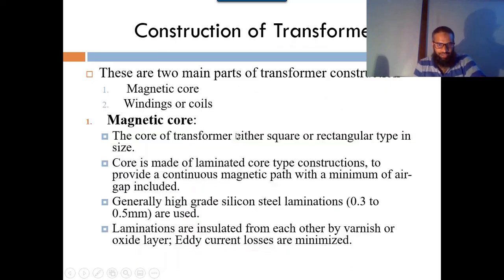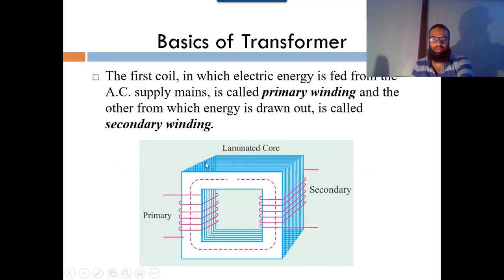If we divide this transformer into two sections, the primary side circuit is totally different from the secondary side, and this is a completely isolated device. The primary side is completely isolated from the secondary side, and the relation between primary and secondary side is based on mutual induction.